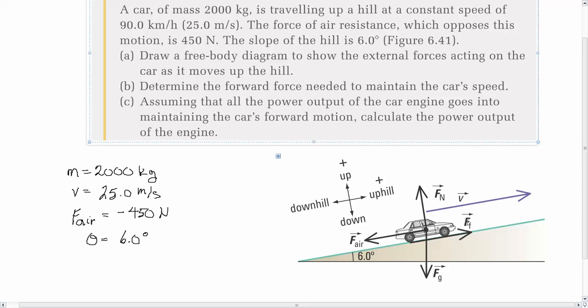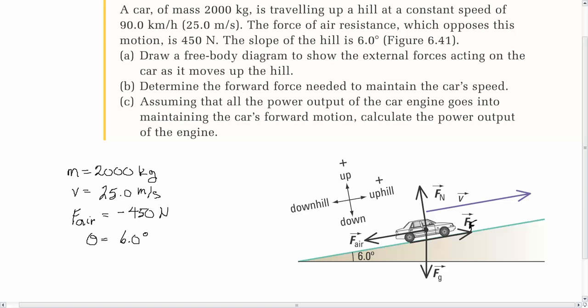So instead of a subscript small f, I'm going to use a capital F, just so that we can distinguish it. Okay, so there's this forward force applied by the car to take it up the hill at this constant velocity.